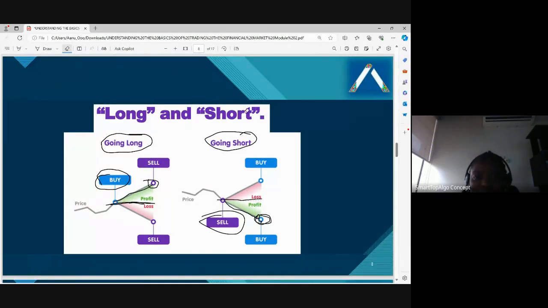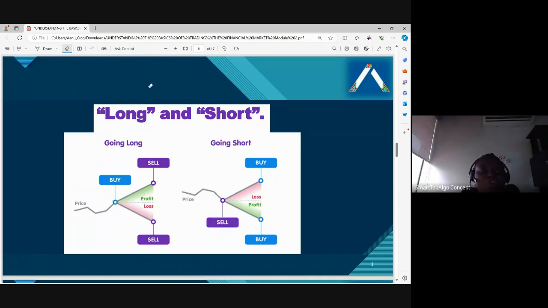Okay, let me clean it and then start all over again since you were not seeing it. So, as I was saying, when you hear someone saying, I am going long on Euro USD, what it means is they want to buy a particular currency.